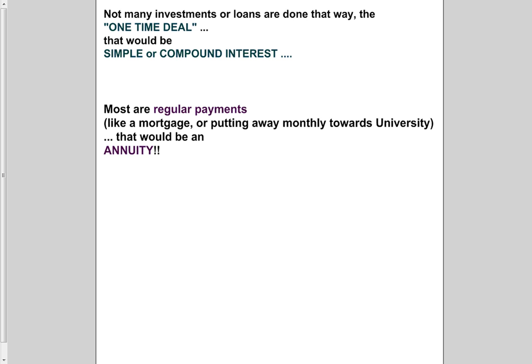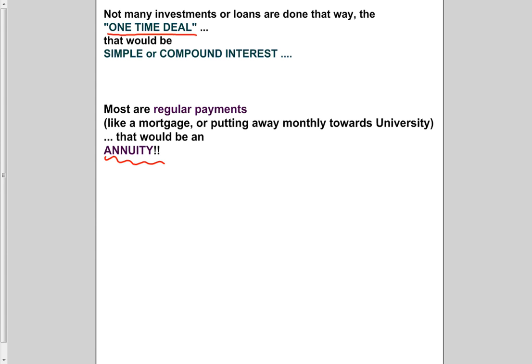This is not particularly practical the way we did Christoph's example, where he owes the entire loan as a lump sum after 5 years. He's got to come up with $33,000. Most people take loans or invest as an annuity, where you have regular payments, often monthly, but we rarely have a one-time deal where you take an investment and you cash it in all at once or make a one-time investment.